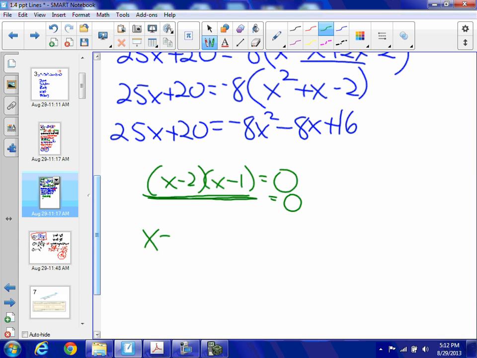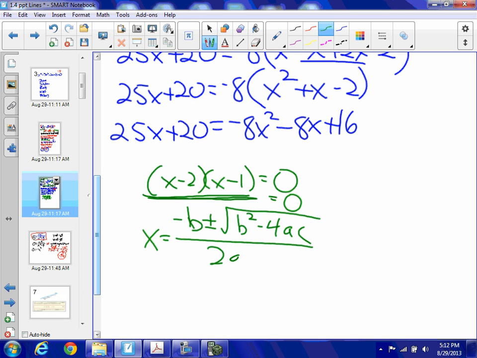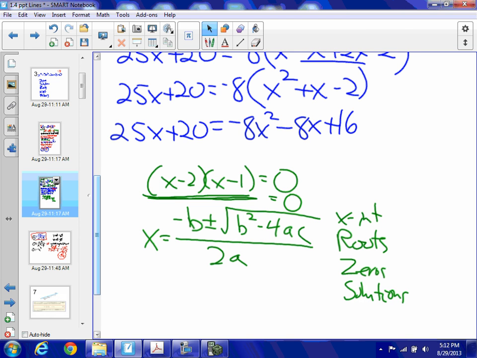X equals negative b plus or minus the square root of b squared minus 4ac all over 2a. You solve the quadratic equation and it gives you the roots or the zeros, whatever you want to call it, or the solutions for x that will make it equal to 0. X-intercept that will make y equal to 0.